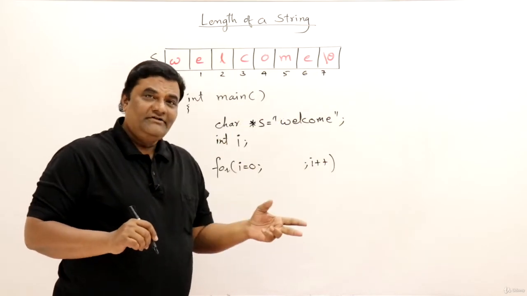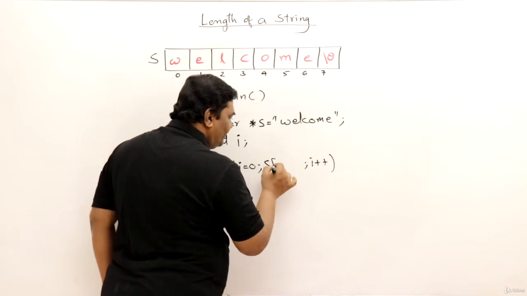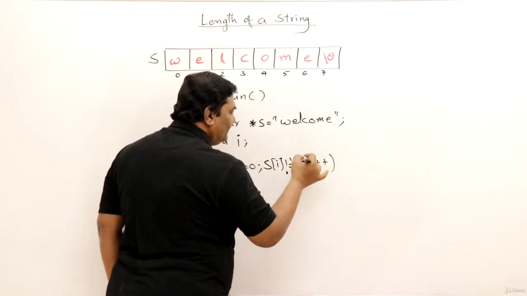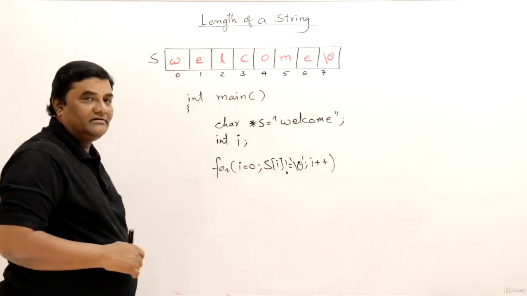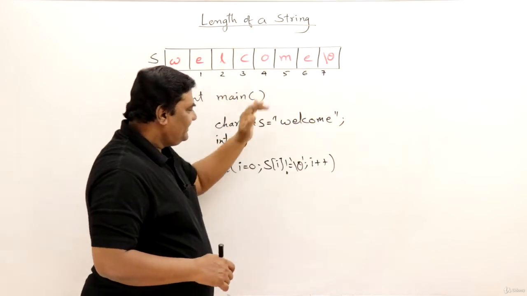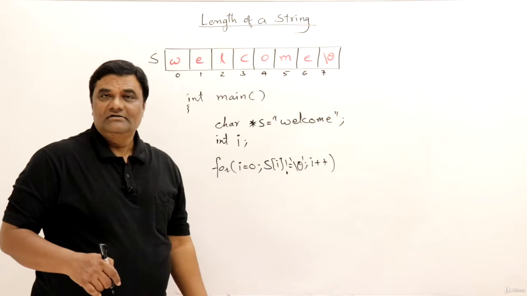So if it is not equal to the null character, I should continue. So here the condition should be s of i not equal to null character. That's it. This for loop will start from 0 and go on incrementing, and it will stop when it has reached this null character.